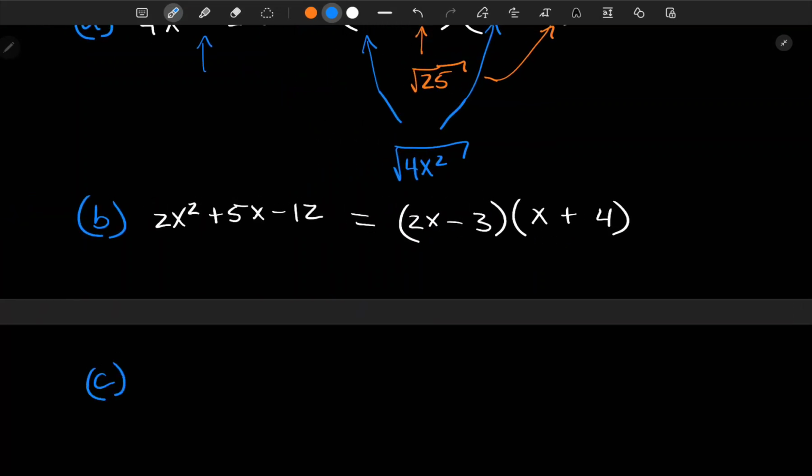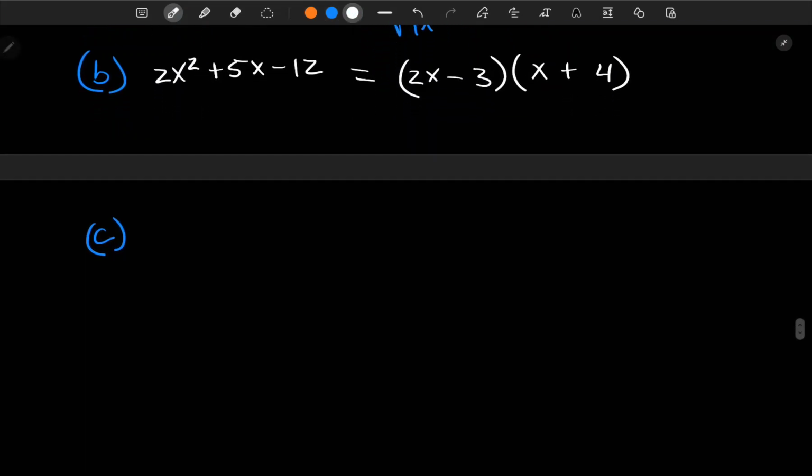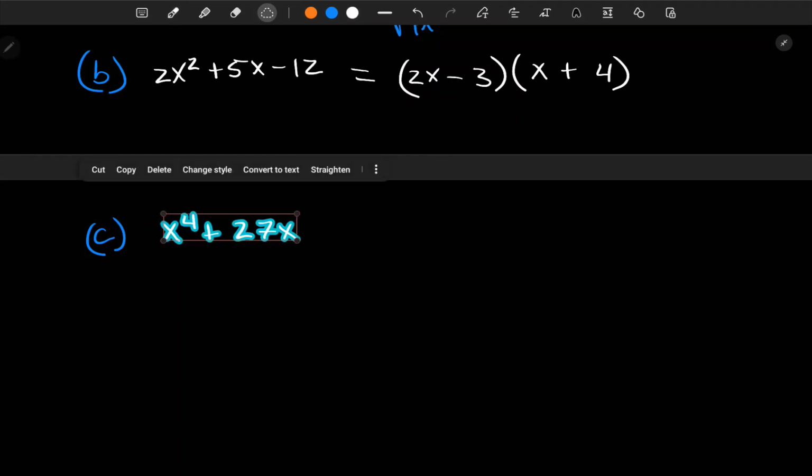Then we next look at x to the 4th plus 27x. No, that's not right. I was looking at the wrong problem.